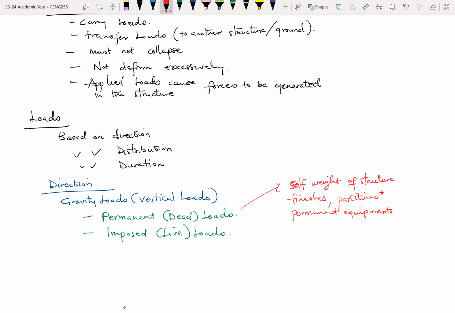Then with the imposed loads, they define the occupancy of the structure, or they define the use of the structure.